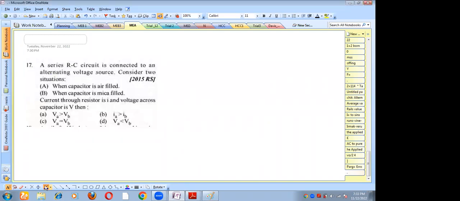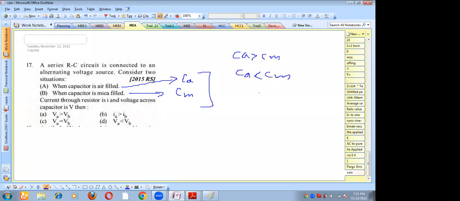There are two situations. First, the capacitor is air filled, and the second is the capacitor mica filled. Suppose it is CA and it is CM. So which will be correct? Is it CA is greater than CM, or CA is less than CM, or CA is equal to CM? Which one will be correct?